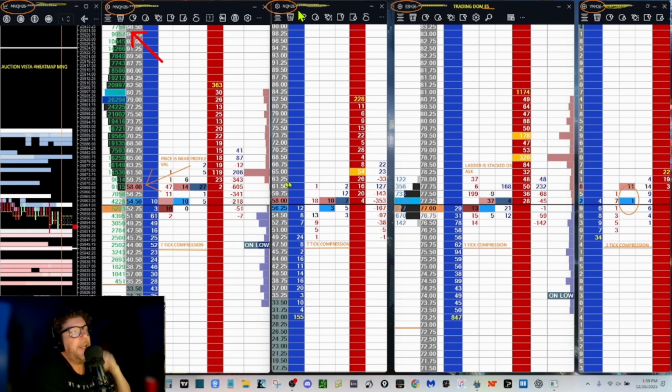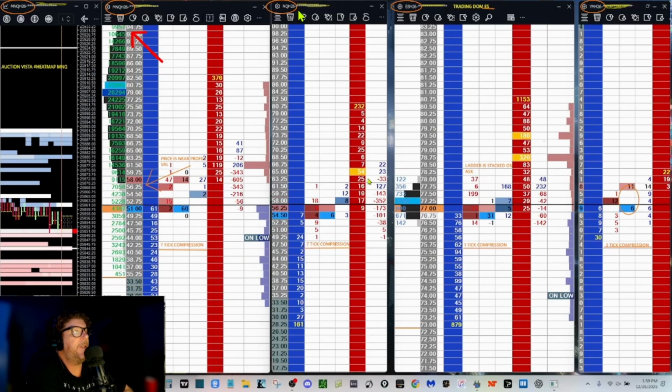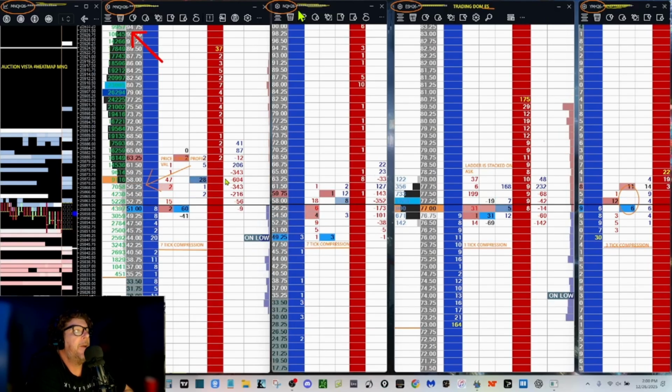We know that retail trades the micros because it's cheaper, it's easier access, but we also know that retail watches NQ to see what's going to happen. So I put both of them side by side, and we have a 7-tick compression on both of those.